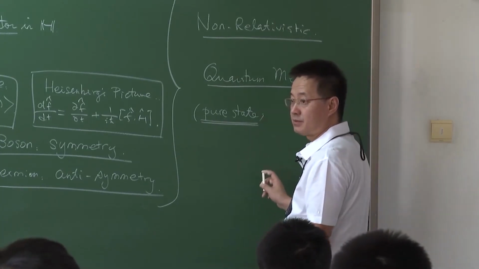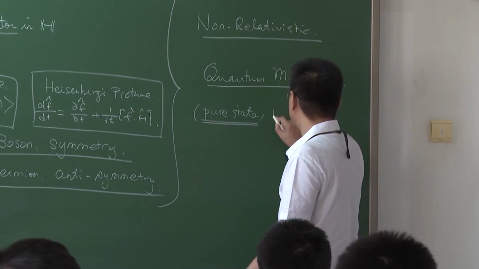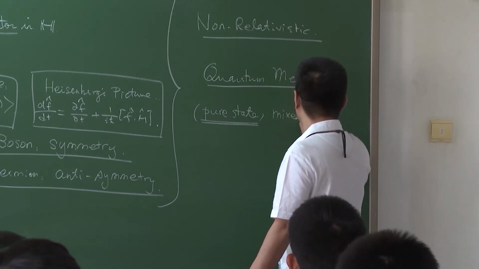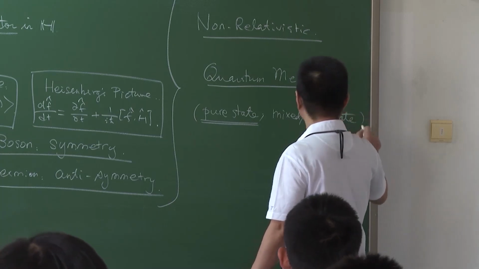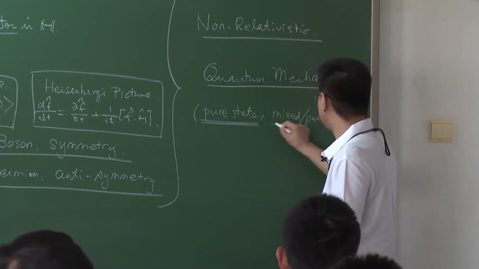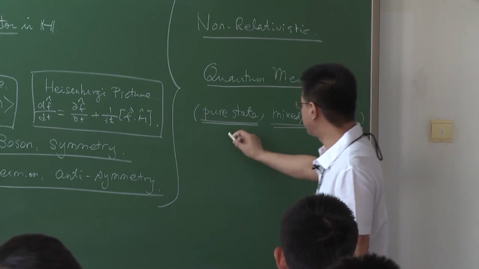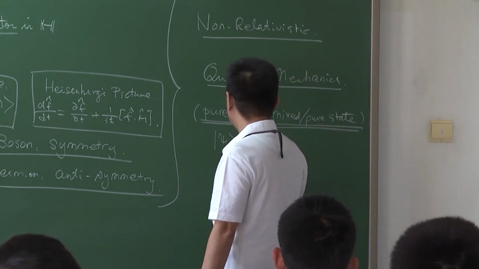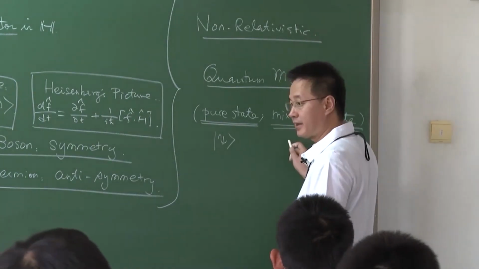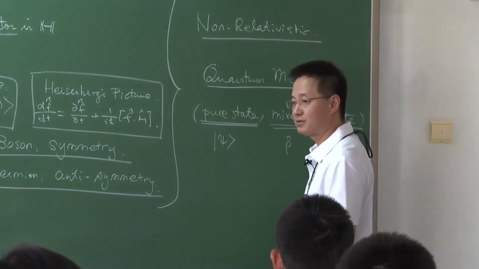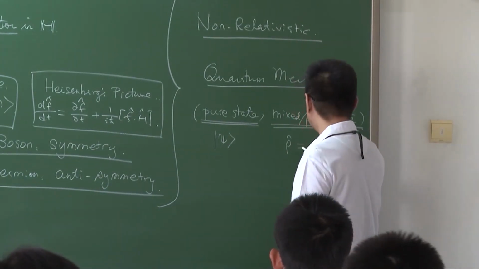The third version in the lecture notes is for both the mixed and the pure state. For the pure state, the state can be described by a state vector, but for the mixed state, you cannot use that.